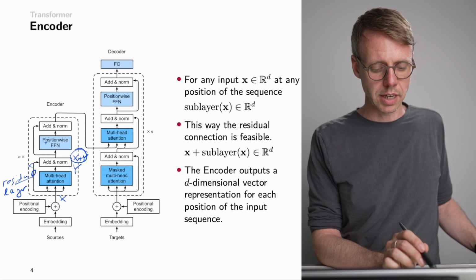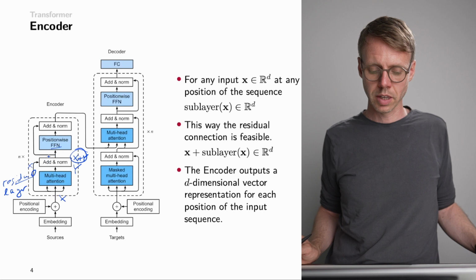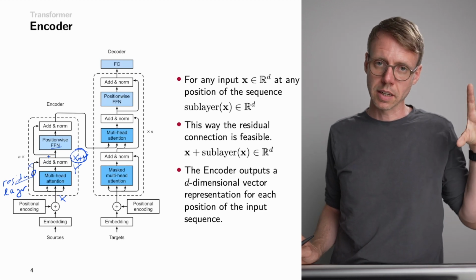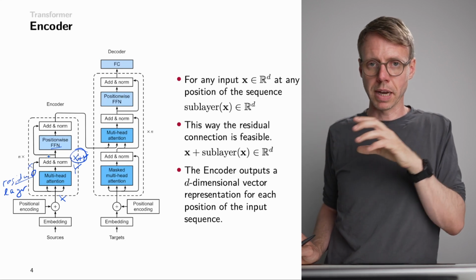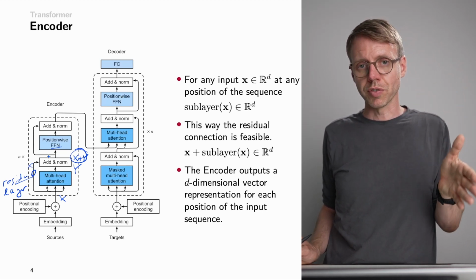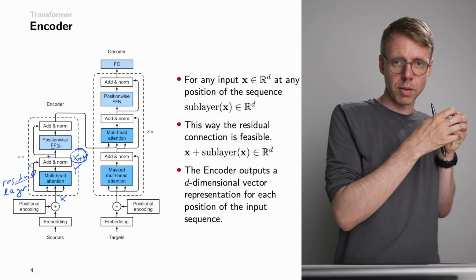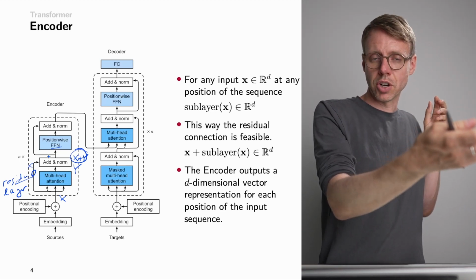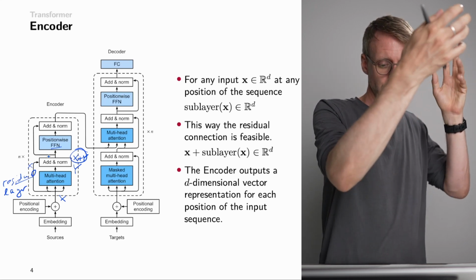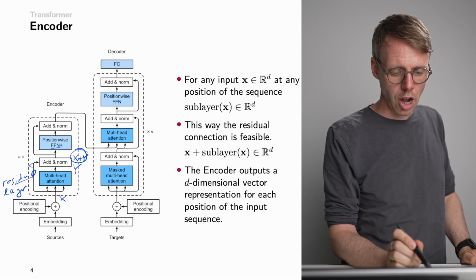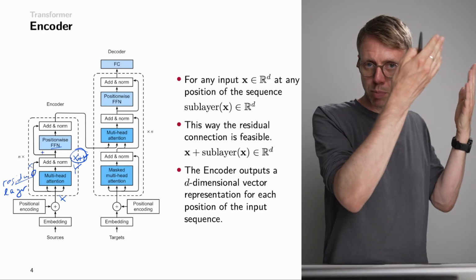The second one is a position-wise feed-forward network. Position-wise means that it will treat each token independently and compute a feed-forward network to transform the D dimensions of this token into the output dimensions using a multi-layer perceptron.